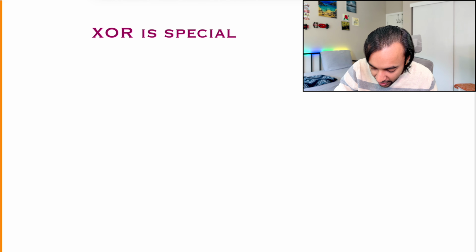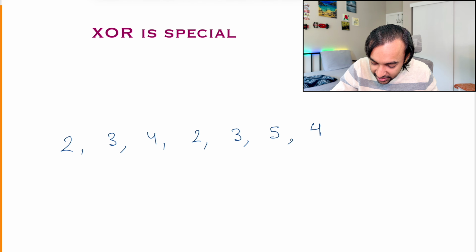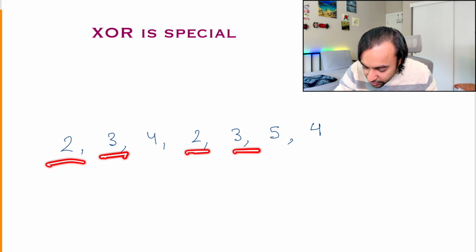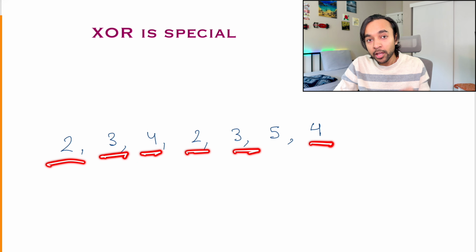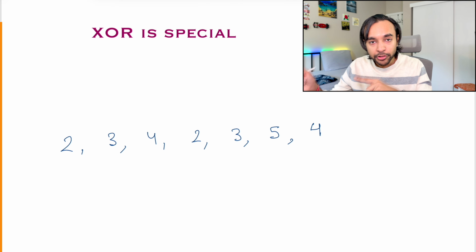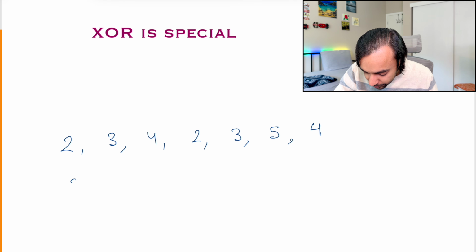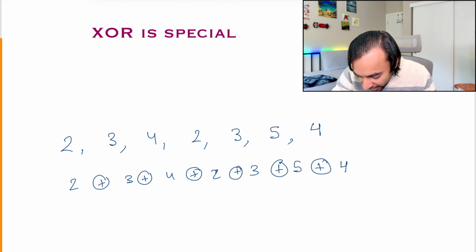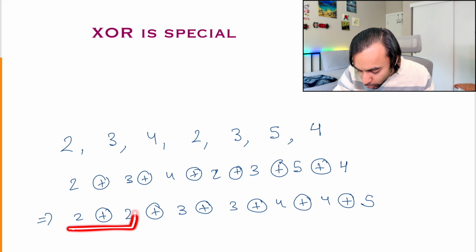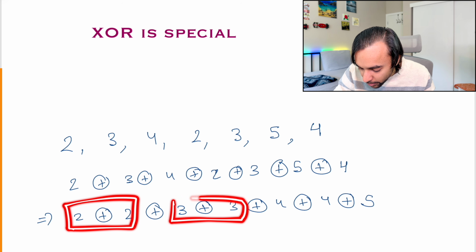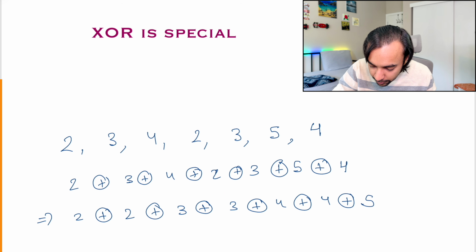Let us look at it again. Example, I had the array like this. Now you can see that 2 is duplicated, 3 is duplicated and 4 is duplicated. Only 5 is unique. So if I XOR all of the numbers, I get this, and I can also arrange it in this way. What does that give you? 2 XOR 2 becomes 0, 3 XOR 3 becomes 0, 4 XOR 4 becomes 0.